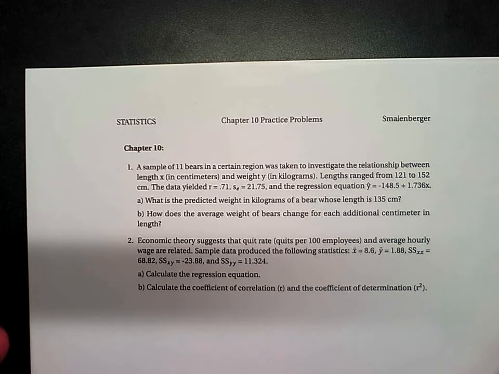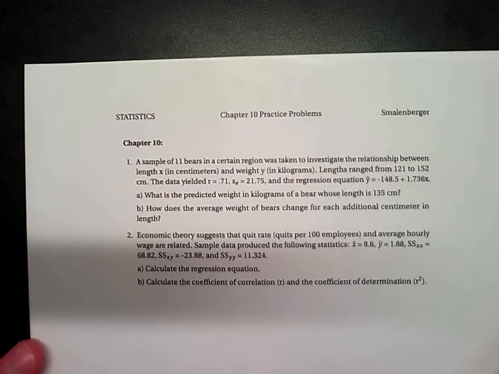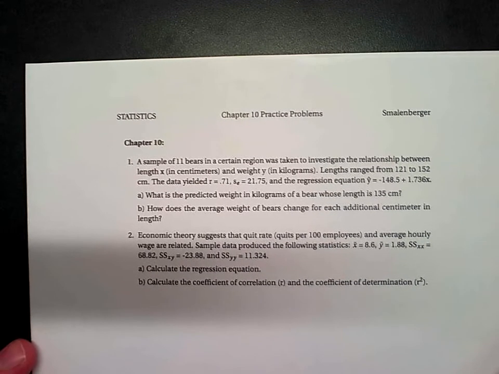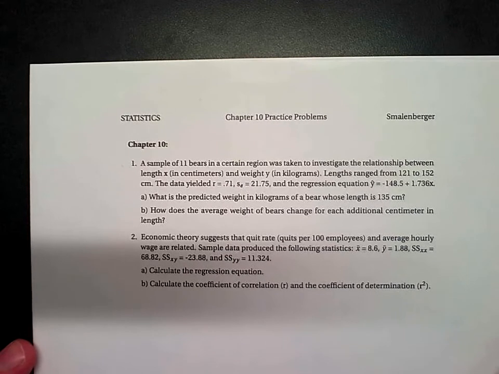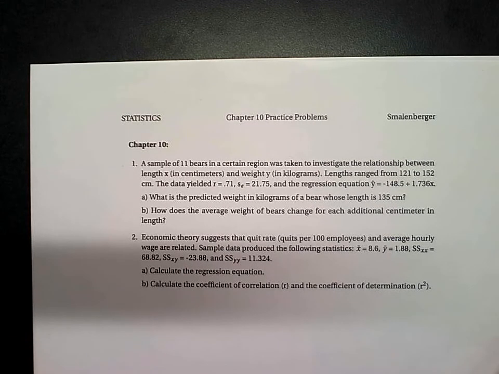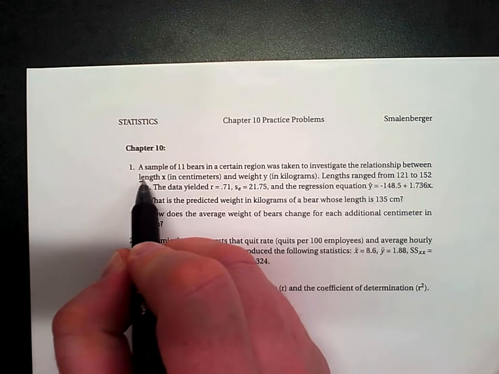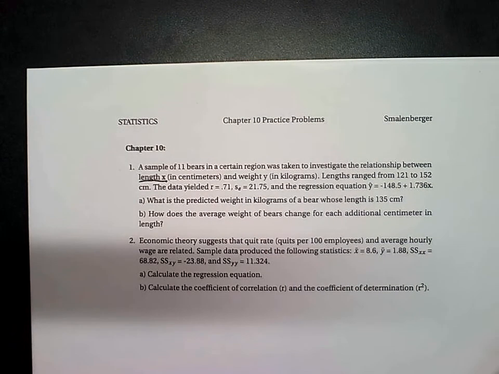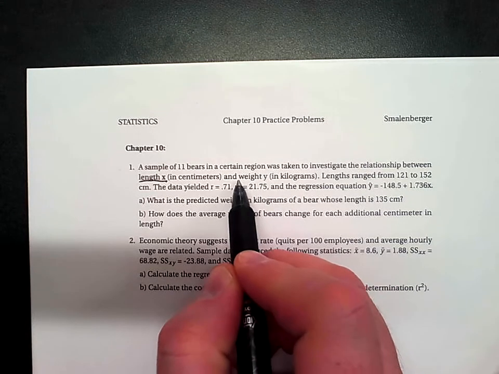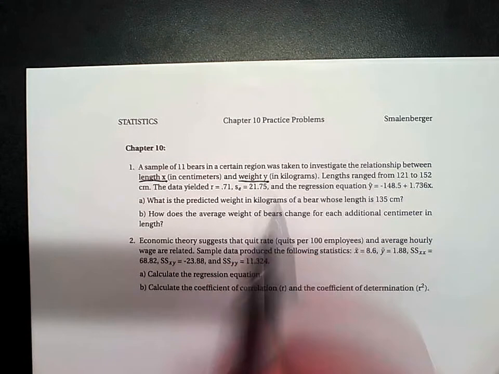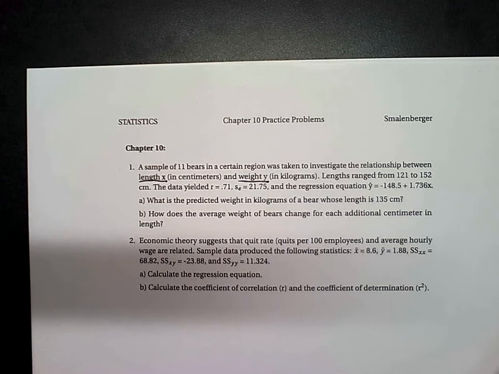All right. Question A says, what is the predicted weight in kilograms of a bear whose length is 135 centimeters? So let's think about this for a second. It's telling us that length is what we're going to use for our x value. It's telling us that weight is what we're going to use for our y value.